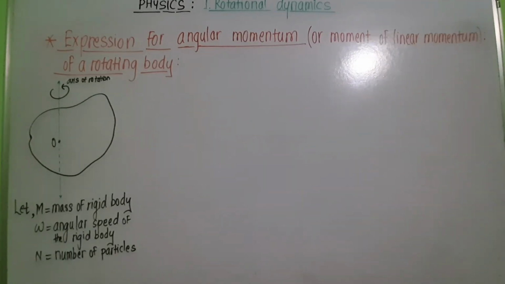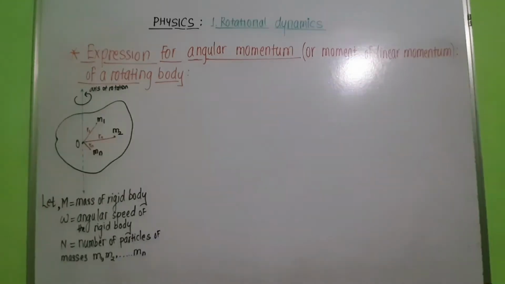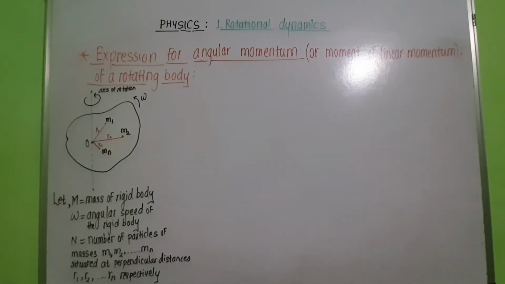Let capital N be the number of particles of this rigid body, of masses m1, m2, and so on up to mn, situated at perpendicular distances r1, r2, up to rn respectively from the axis of rotation.